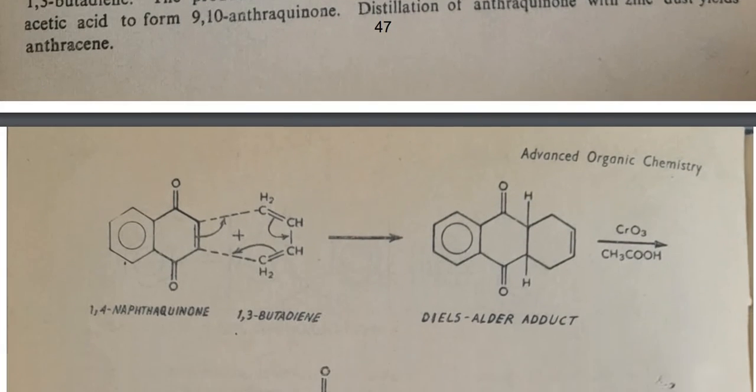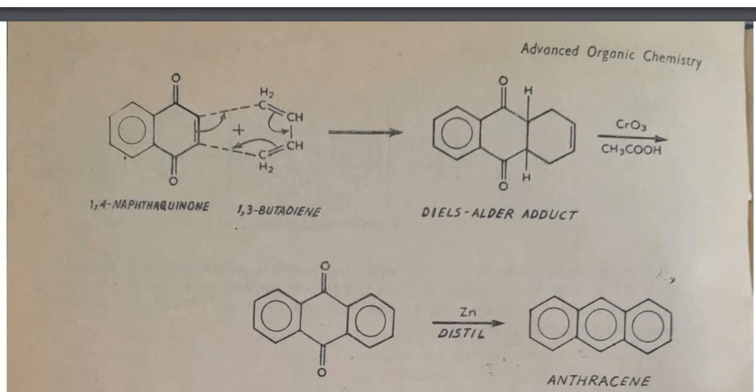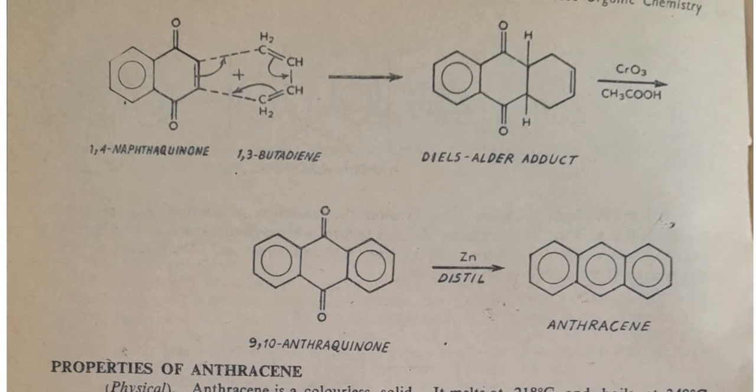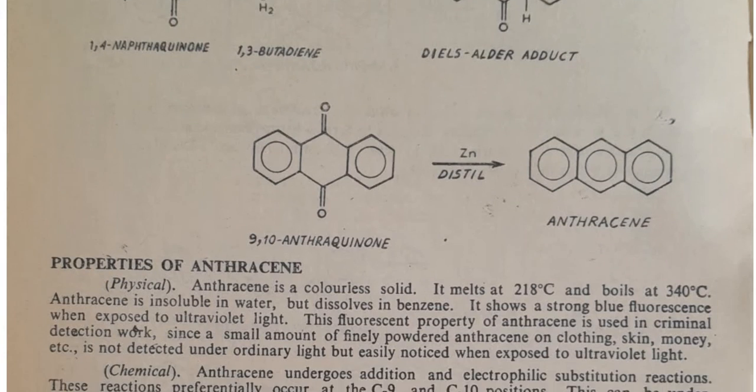Diels-Alder reaction: 1,4-naphthoquinone reacts with 1,3-butadiene to give the Diels-Alder product, which on oxidation gives 9,10-anthraquinone, and on distillation with zinc you get anthracene.